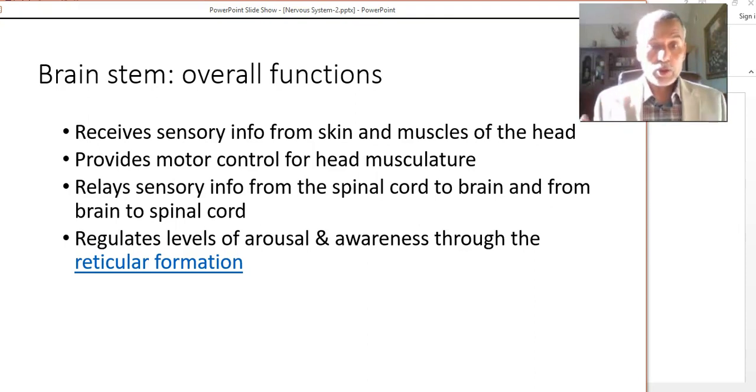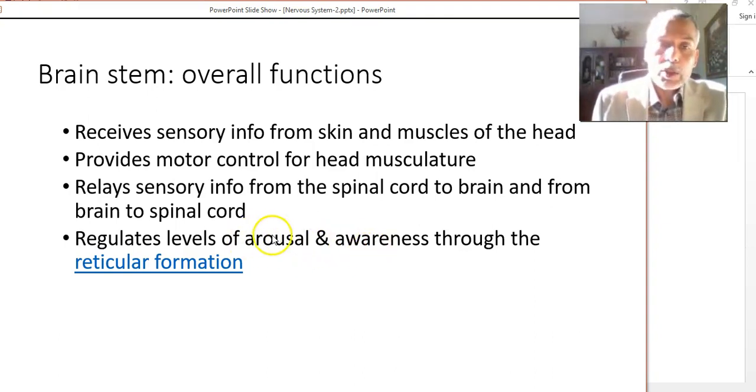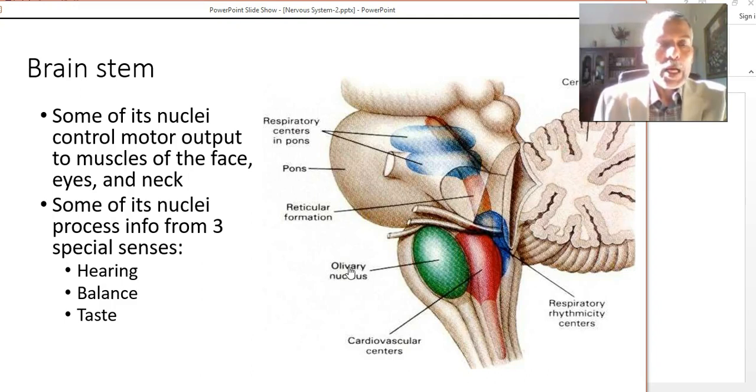Arousal means you are up, you are not sleeping, and awareness means that you are aware of what's going on around you. In order to have awareness, you need to have arousal, so that both of these two contribute to your consciousness. So these are major functions of the brainstem.